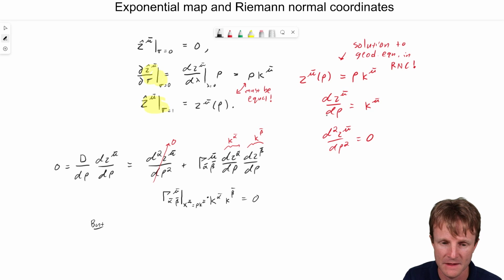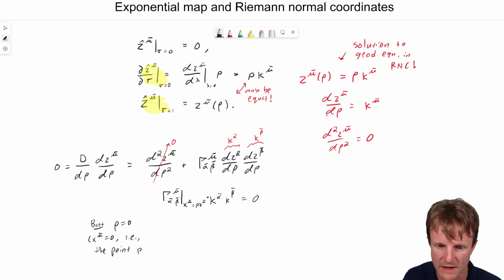But if I do rho equals 0, which is x mu bar equals 0, i.e. the point P, the special point we're constructing these coordinates about, then I have the equation gamma mu bar alpha bar beta bar. Well, I'm always evaluating at the same x bar mu equals 0, which is just the point P, independent of what was chosen for k.